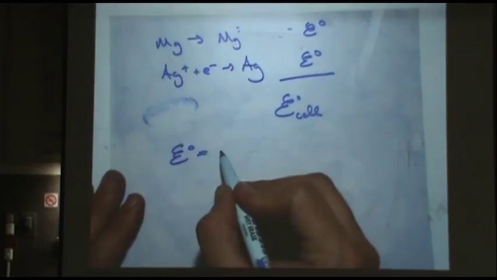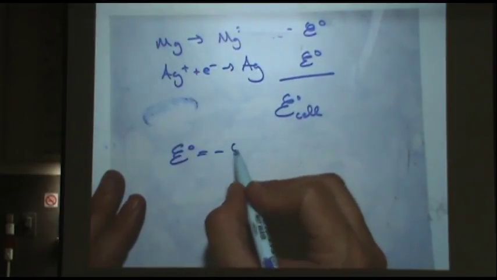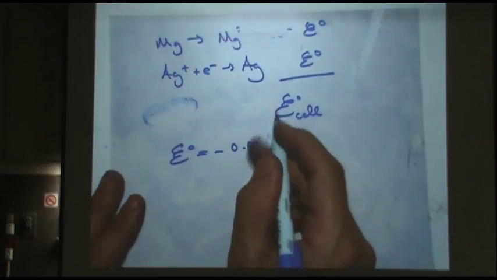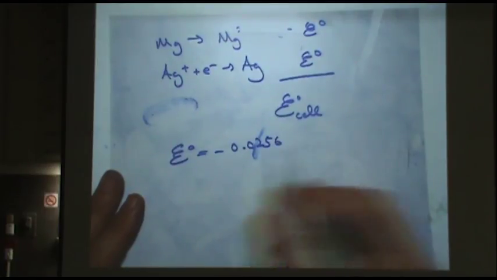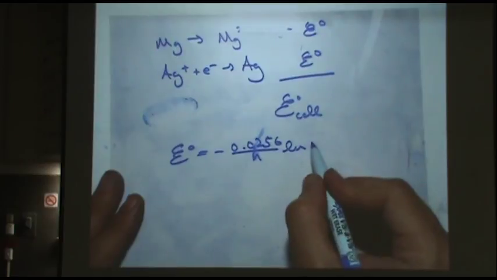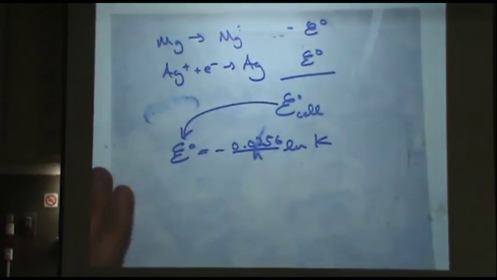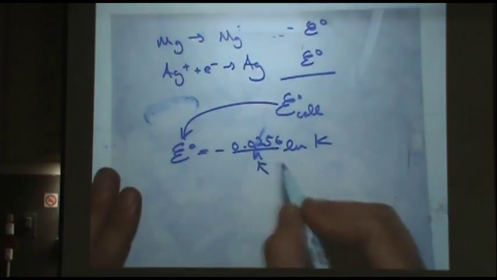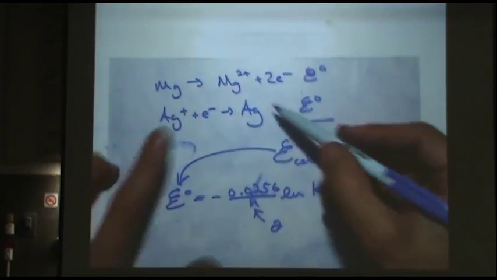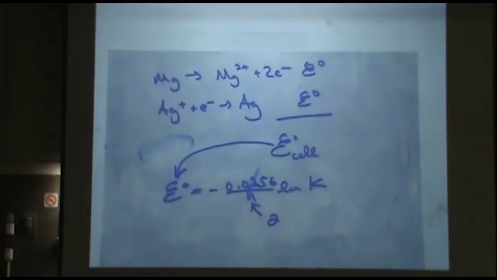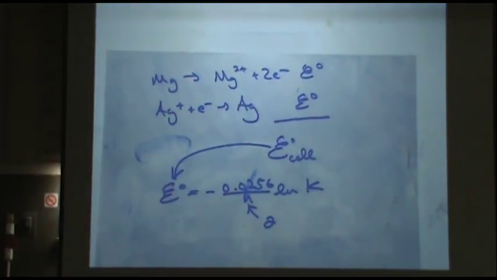E equals minus 0.0256 over N natural log of K. I think that's it. That number goes here. What's N, anybody? 2, because that's the number of electrons that cancel. Is that okay? Do you do the math from there?